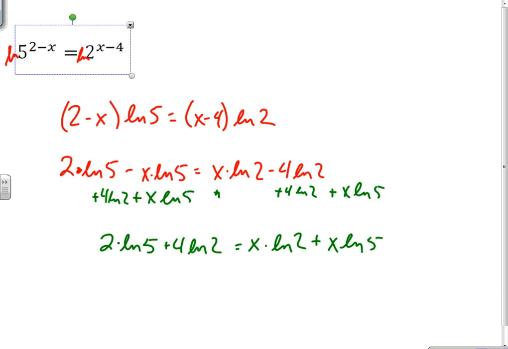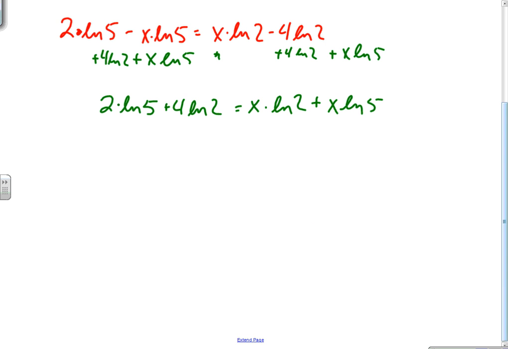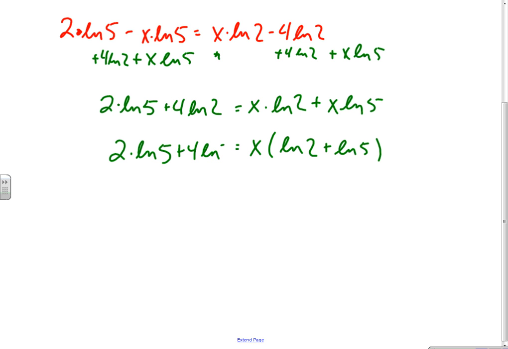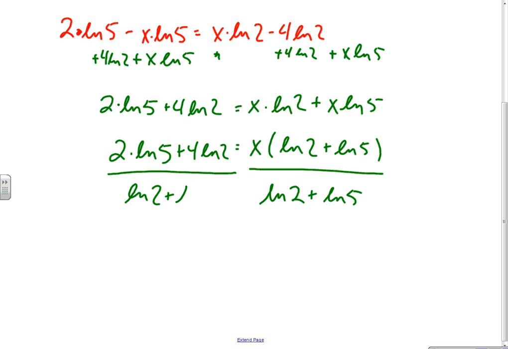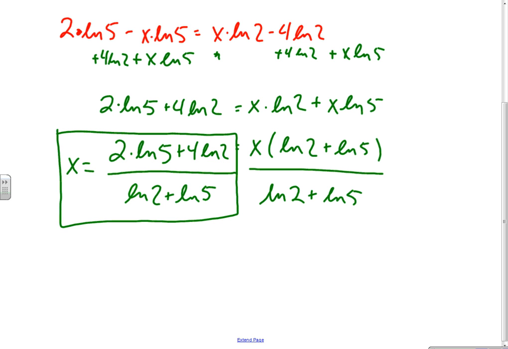And as you guys have gotten better at this point, you're going to factor out the x. Then divide everything through. And again, I'm just going to leave it in exact form. Okay, so x then is going to equal this. So that's the exact form; decimals I'll have on the answer key.